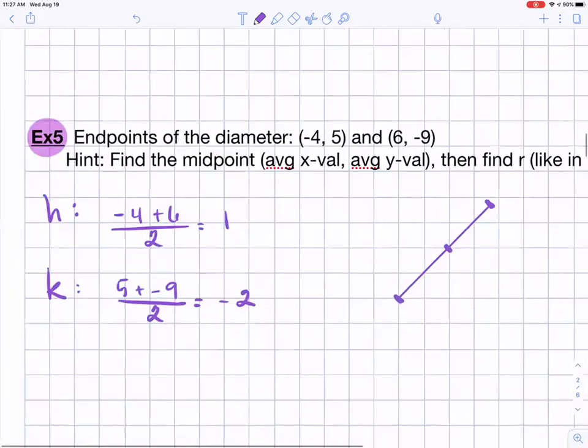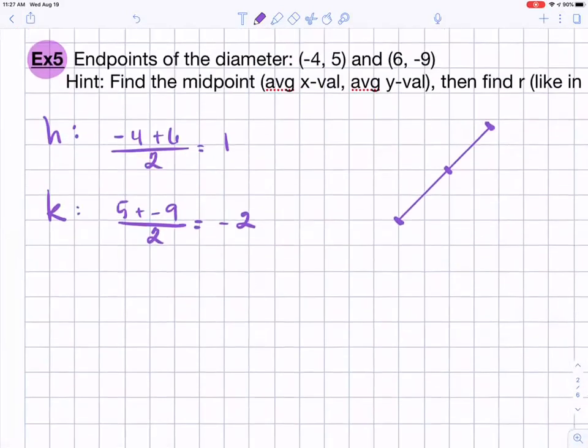Okay, so basically then, eeny, meeny, miny, mo, pick one of your diameter endpoints and call it HK, okay? Now, which one do you think we should choose? Why would you like to choose -4, 5, 1? Absolutely, I'm with you. Smaller numbers are better.